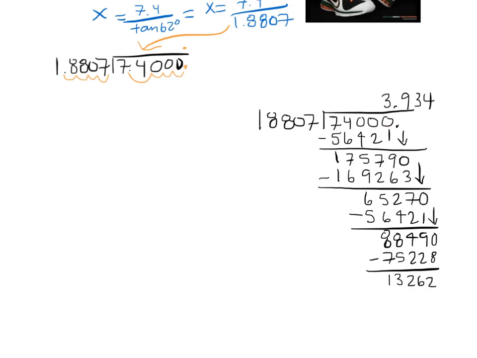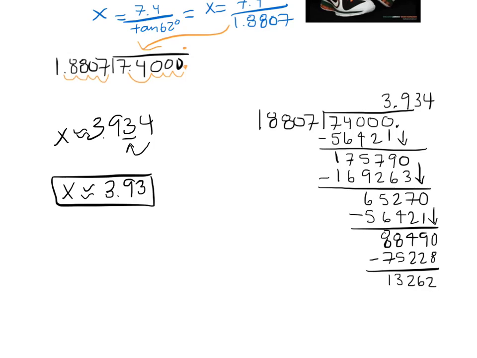So when you take 74,000 and divide it by 18,807, which is really what we just did here when we moved the decimal places, please copy this calculation. I get 3.934. So that means x is approximately 3.934. I'm going to mark my hundredths place and see if it's affected by the thousands. My answer is x is approximately 3.93.